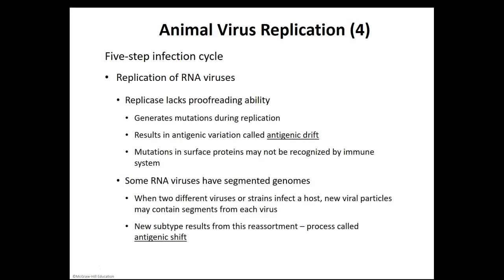This is one of the reasons why the influenza virus is so problematic. The influenza virus carries out antigenic shift repeatedly. The influenza virus has a segmented genome, and as it shifts around those various segments, it eventually allows the virus to evade our immune system.